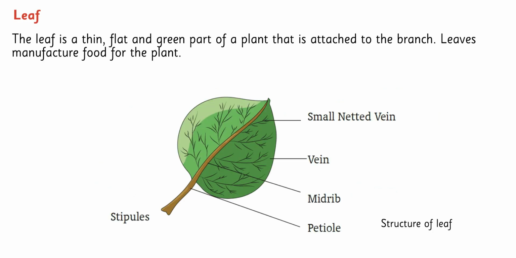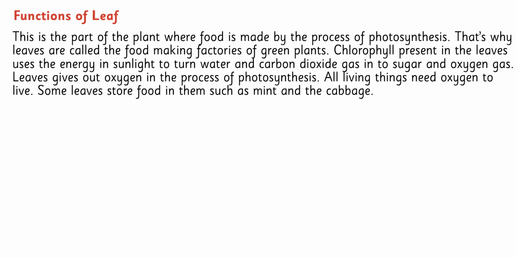Leaf. The leaf is a thin, flat and green part of a plant that is attached to the branch. Leaves manufacture food for the plant. Functions of a leaf. This is the part of the plant where food is made by the process of photosynthesis. That's why leaves are called food-making factories of green plants.